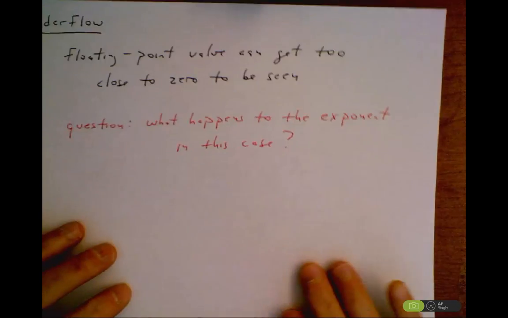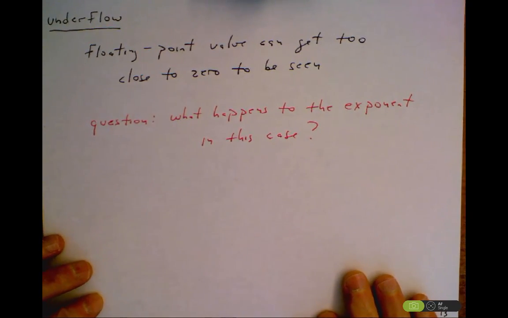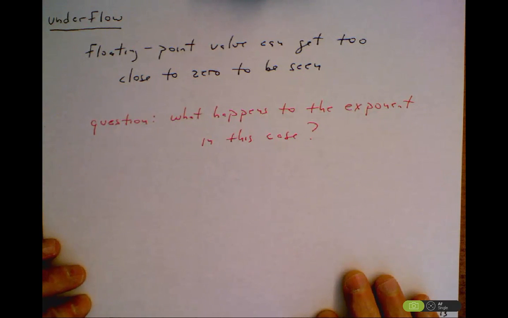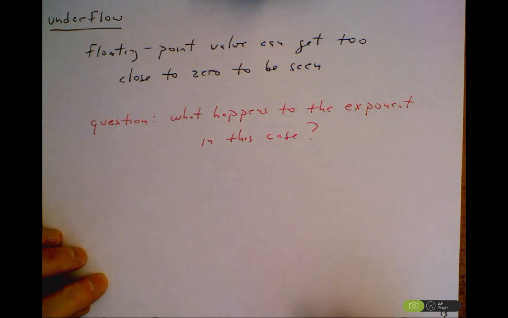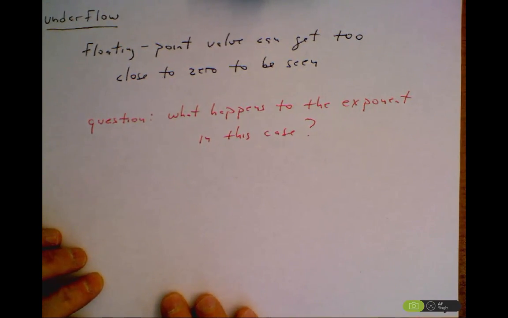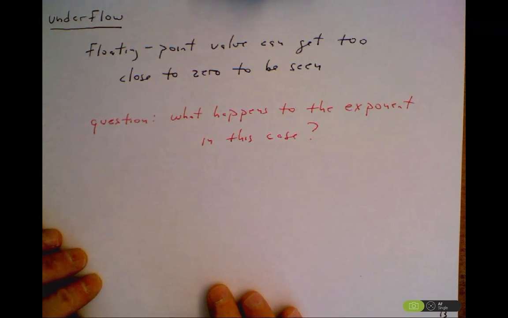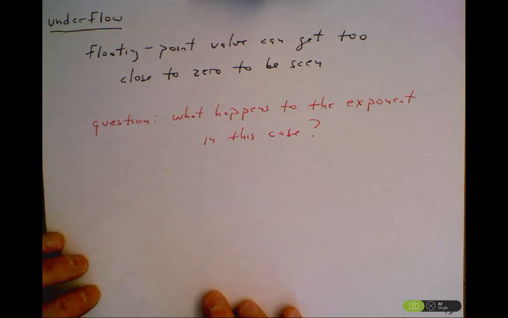That probably makes intuitive sense to you, but there's also another thing that happens with floating point numbers and does not happen with integers. It's called underflow. Floating point values can actually get too close to 0 to be seen. The number gets smaller and smaller in absolute value, and all of a sudden we can't see it anymore.